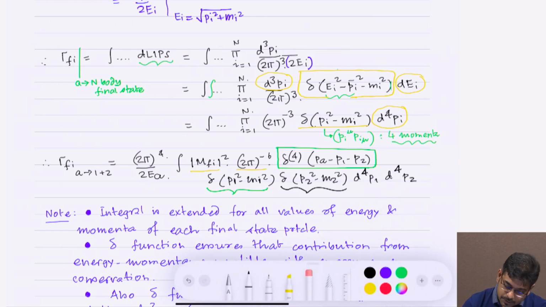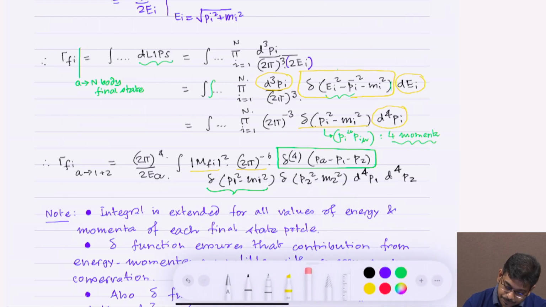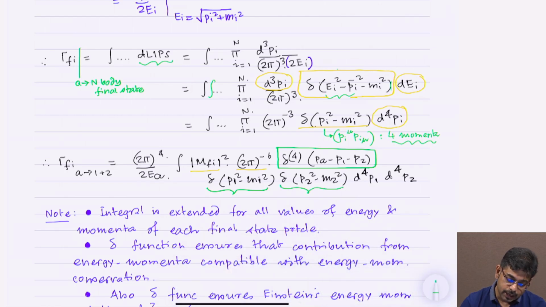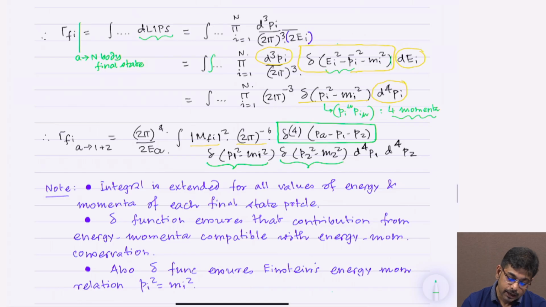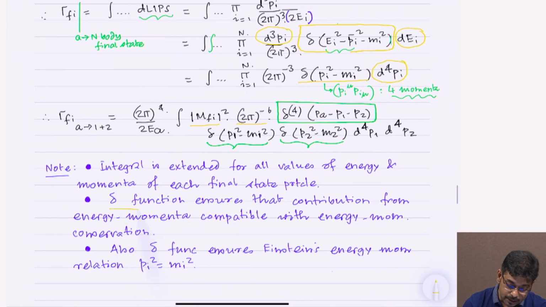Now, this expression looks absolutely beautiful, and it basically tells you what you actually have. The integral is now extended to all values of the energy and the momenta for each of the final states, right? Because the delta functions ensure the contribution from the energy momentum compatible with the energy momentum conservation.